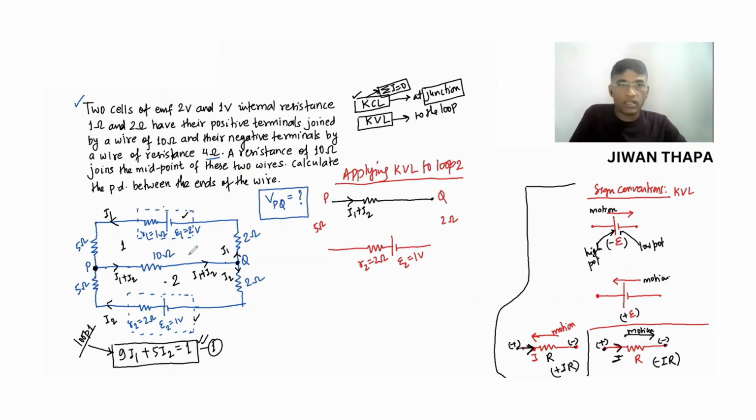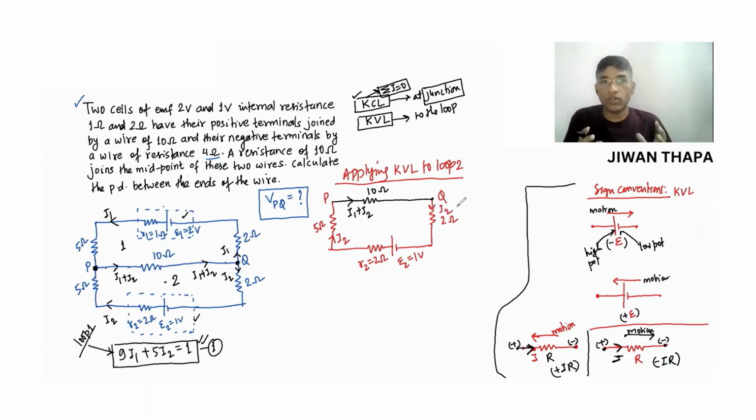In this part of the circuit, we have current I1 plus I2. And in this part, we have current I2.